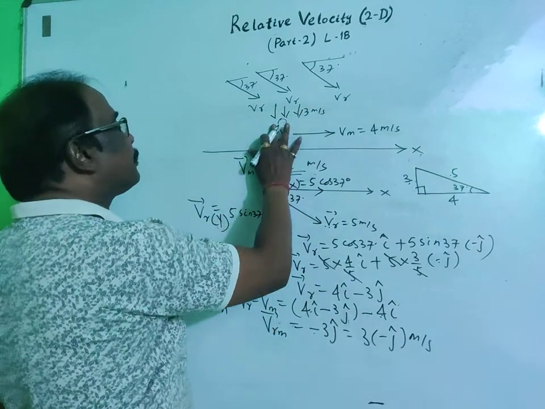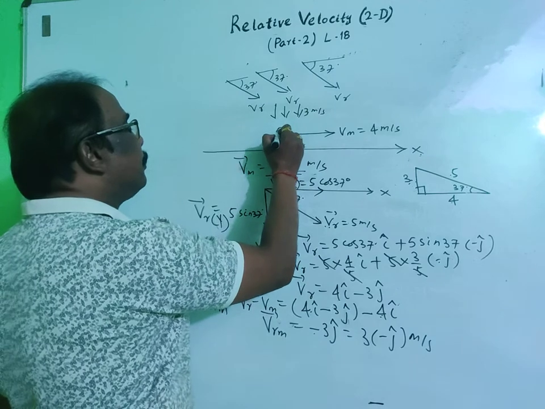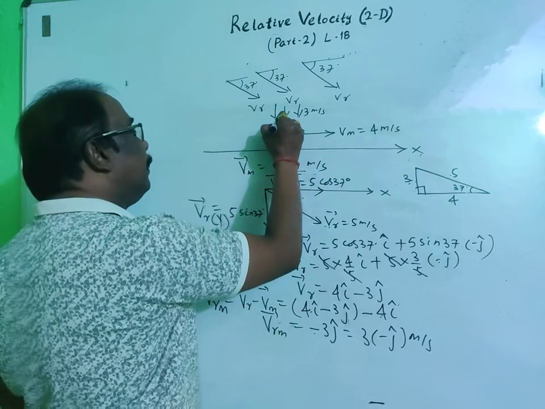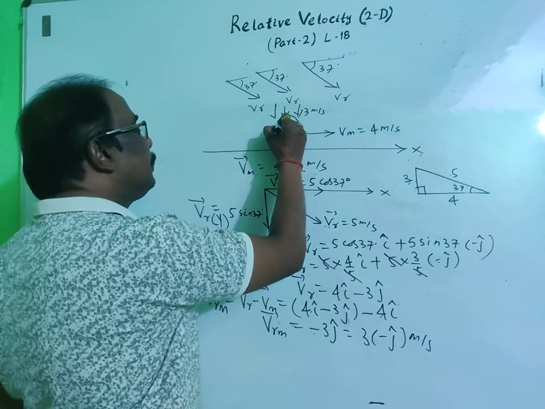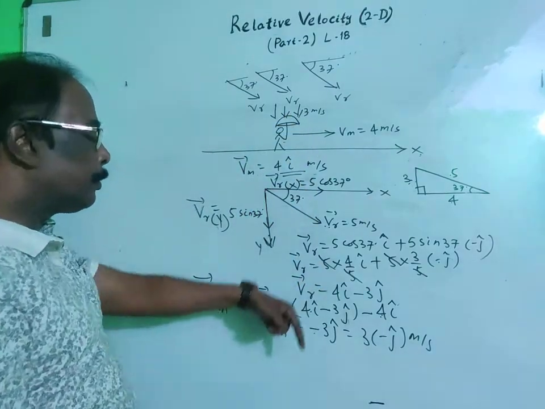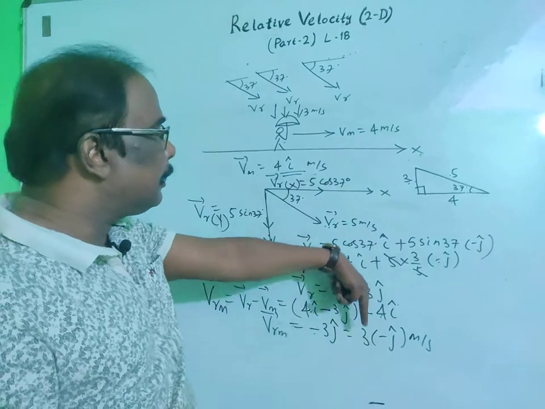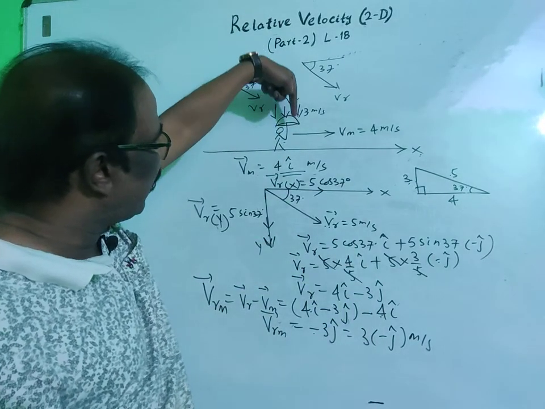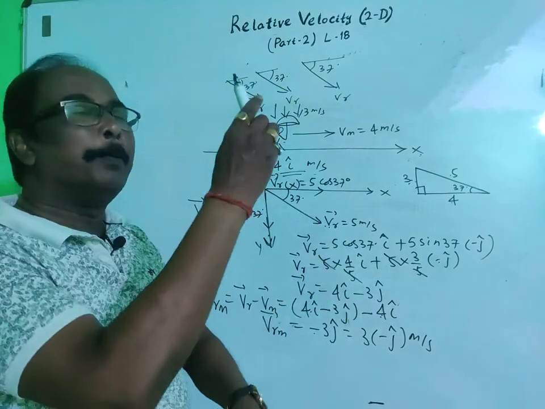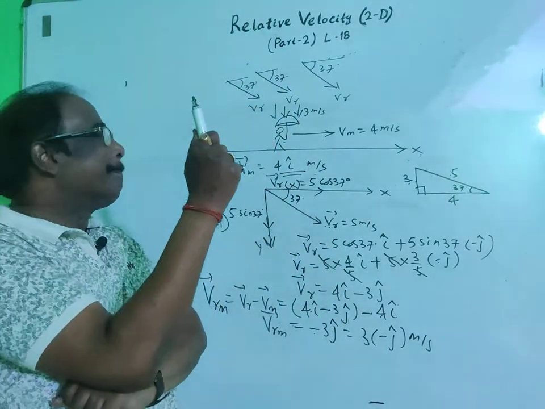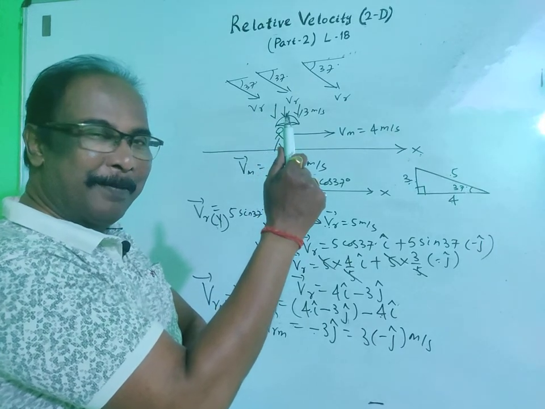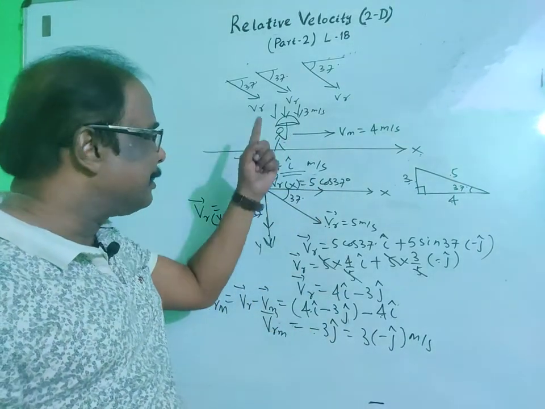Then in this case, the man can save himself by holding the umbrella in vertically upward direction, because 3 into minus j cap means rain appears to fall in vertically downward direction. So the man should hold the umbrella in vertically upward direction to save himself from rain. Is it clear? Very easy question.